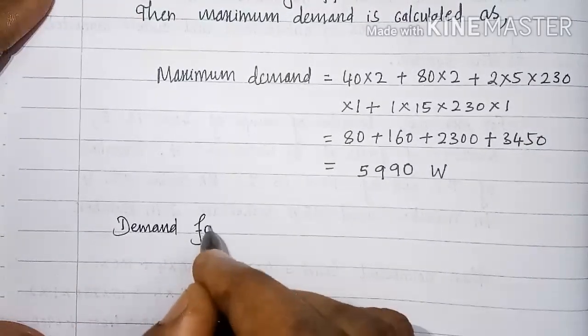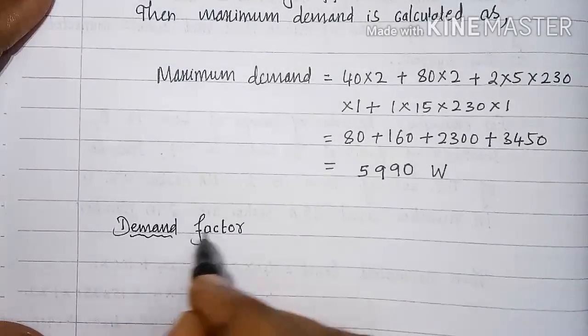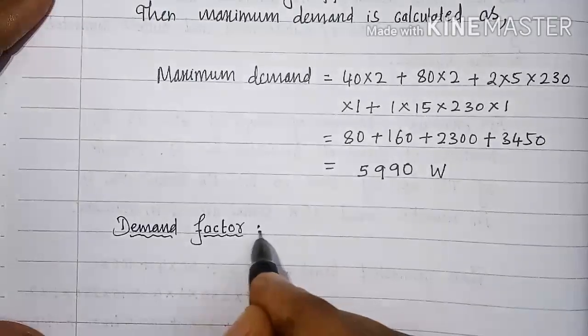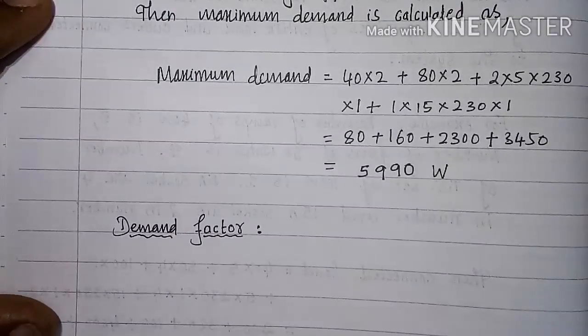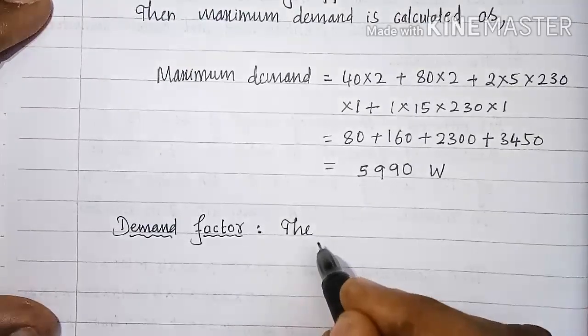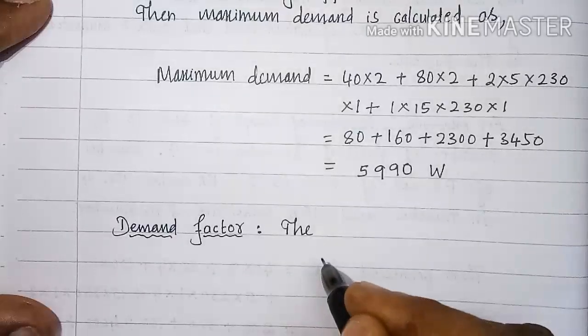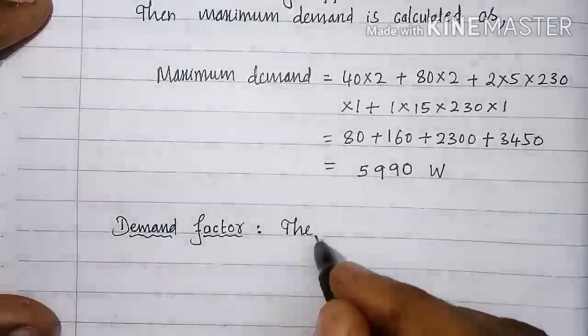Next we'll take demand factor. This is the third term to be defined. It is a ratio of maximum demand to connected load.